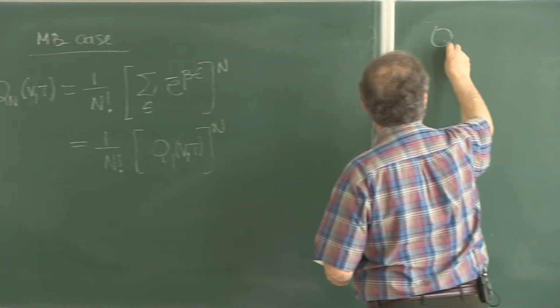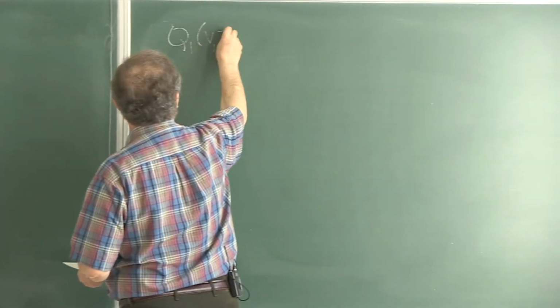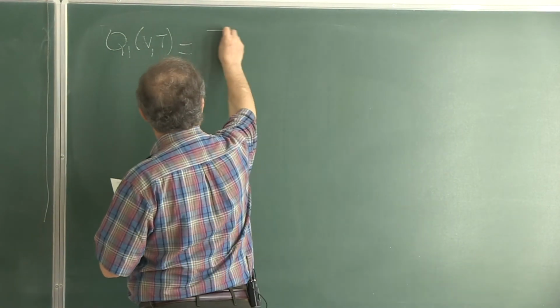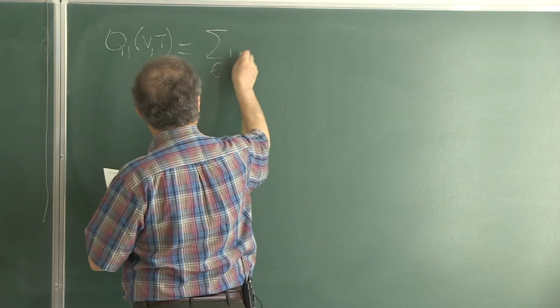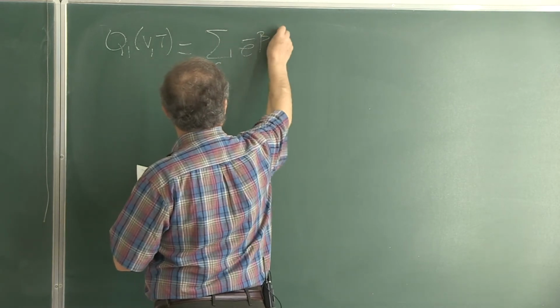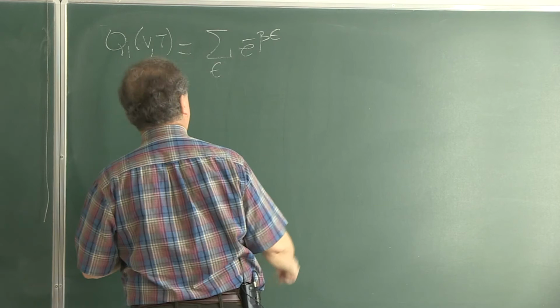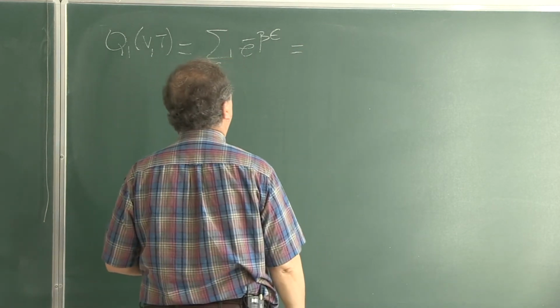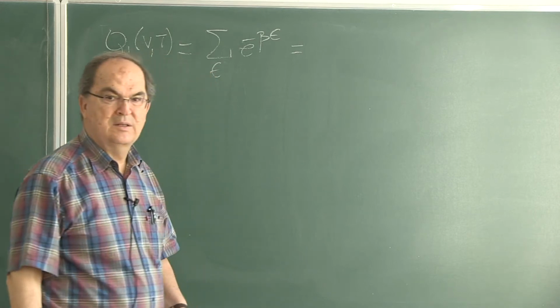Well, we know Q1, V, T. We have done that calculation. It is the sum of e to the minus beta epsilon. And of course, that means what? Density of states.